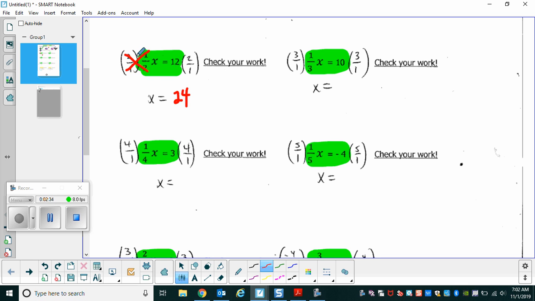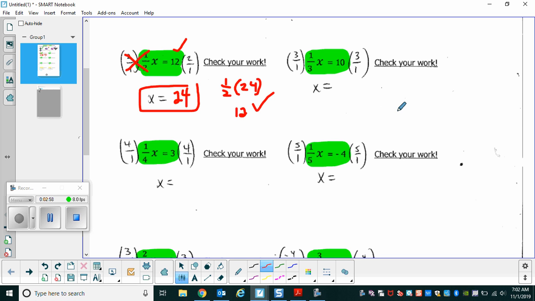We multiplied by the reciprocal, and we got a 24. Now where it says to check your work, we're just going to take half of 24. And right here, 24 divided by 2 would be 12 times 1, and we do get a 12, like we were supposed to. So you can see right here why we reviewed the multiplying math with a fraction, because that's going to come in with our check step.